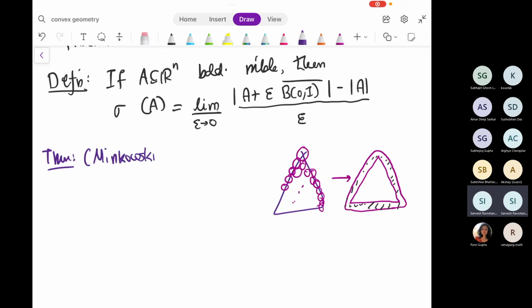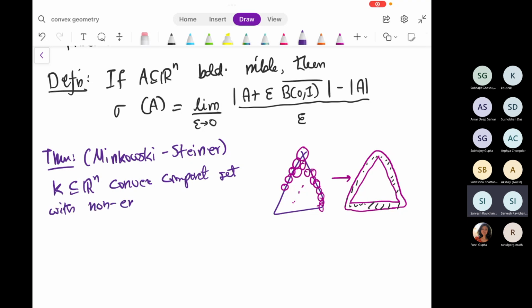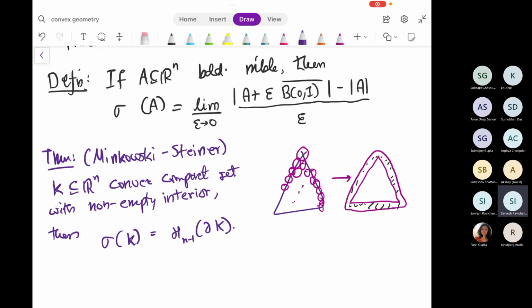There is a result of Minkowski and Steiner which states that if you have a convex body K, so a K subset of R^n which is a convex compact set with a non-empty interior, perhaps that condition is not necessary, but it is certainly true with this condition as well, then you will notice that this particular quantity, sigma of K, is actually equal to the (n-1)-dimensional Hausdorff measure of the boundary of K. And this is exactly what it means, right, for us to think of the measure of the boundary.